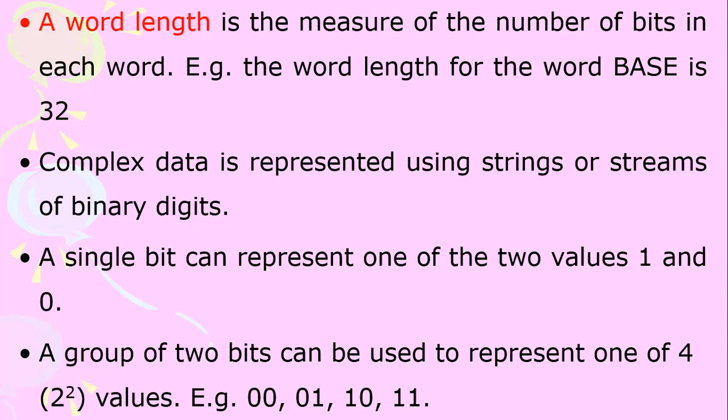In other words, a group of 2 bits, a combination of 0 and 1, can form 4 arrangements of zeros and ones: 00, 01, 10, 11.